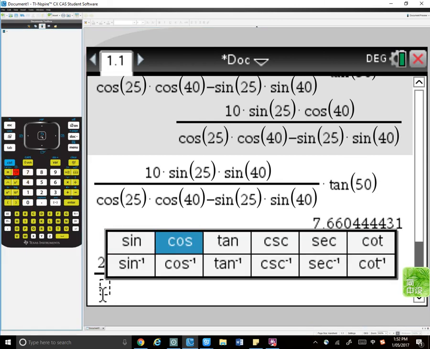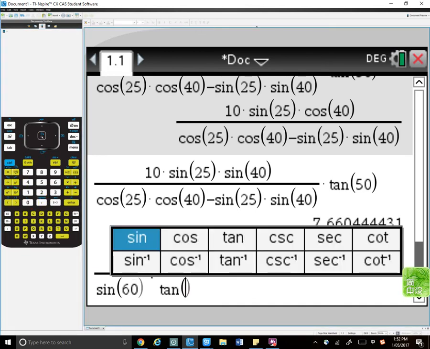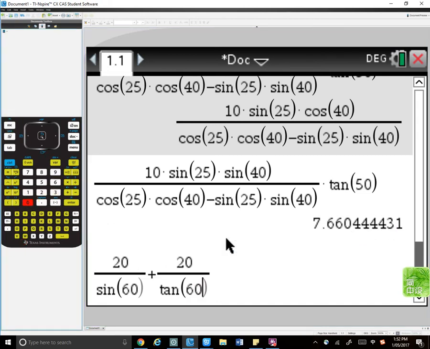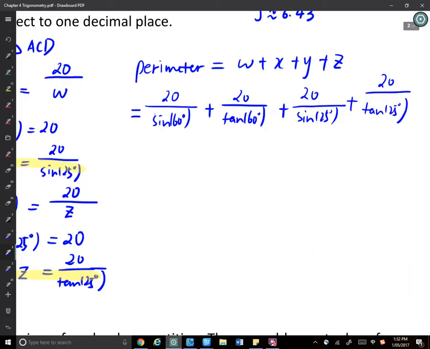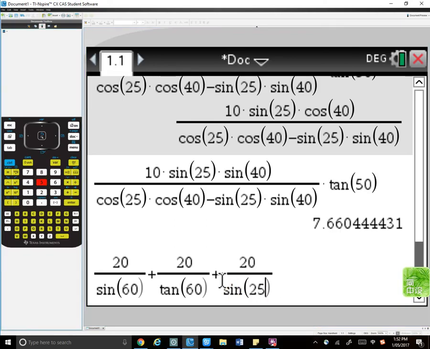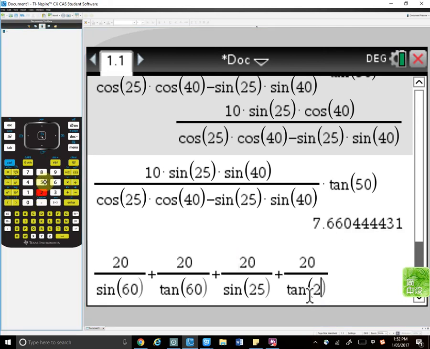20 over sine 60, plus 20 over tangent 60, plus 20 over sine 25, plus 20 over tangent 25.